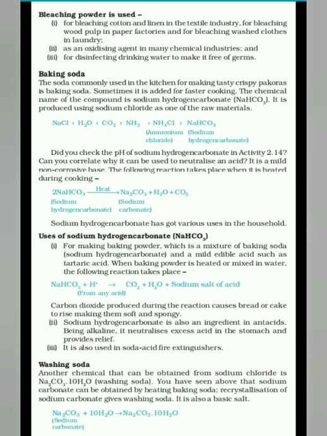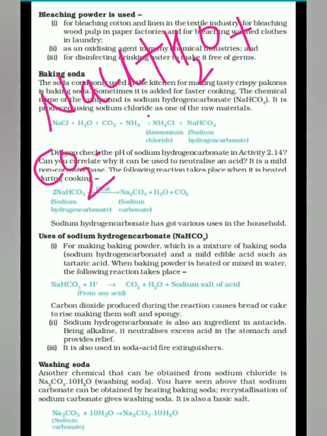It is also formed by using sodium chloride as one of the raw materials. Now see how this baking soda or sodium hydrogen carbonate is formed. When carbon dioxide gas is passed through an aqueous solution of sodium chloride and further saturated with ammonia gas, it forms baking soda. So how is this baking soda formed? An aqueous solution of NaCl, aqueous, so I am writing here H2O, and through this solution carbon dioxide gas is passed and then this solution is saturated with ammonia NH3.